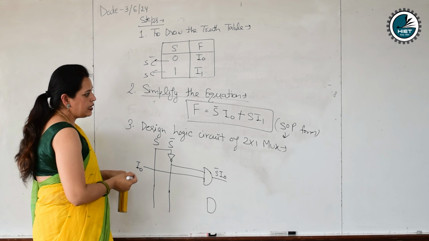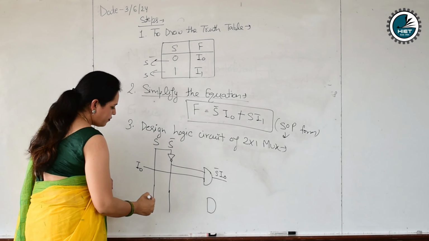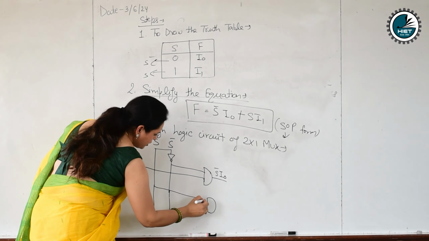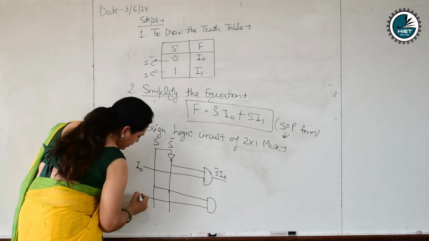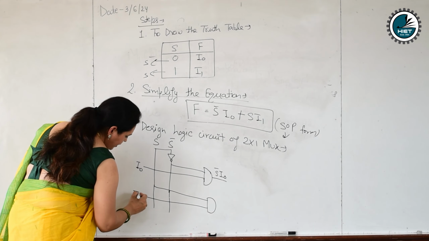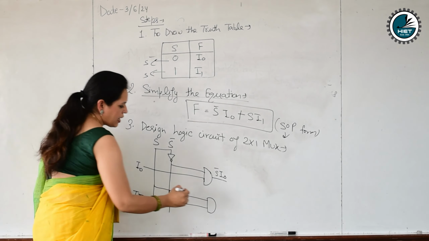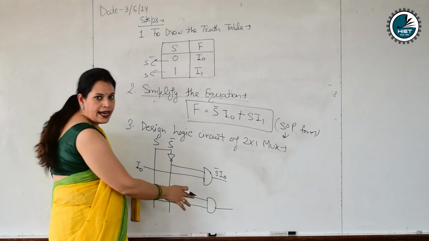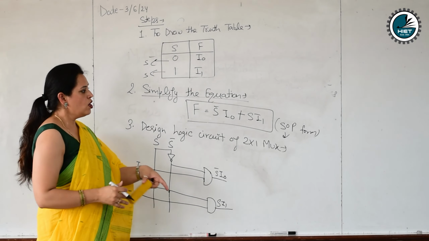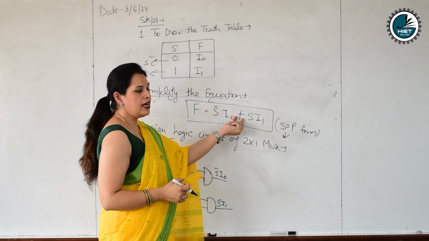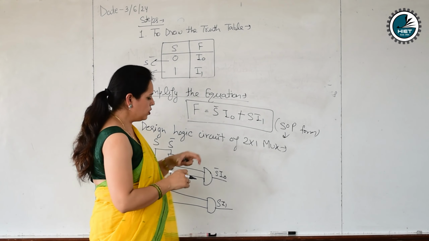So you got it here from S bar and I0. Clear? Similarly, second one, S and I1. So this is for the S input. And I1, I can apply directly here. With the help of this AND gate, we got the S I1. So now this is the summation, the sum. How do we get the sum?